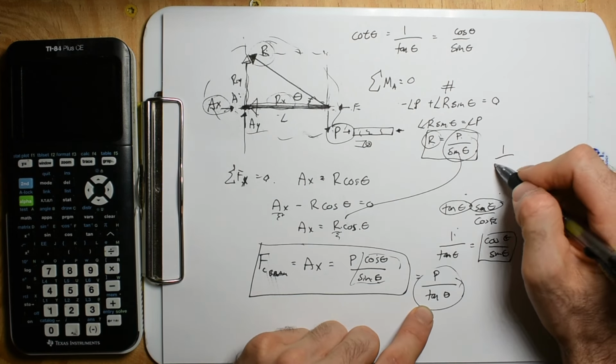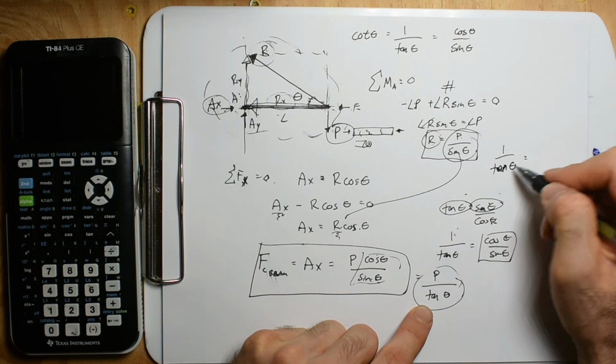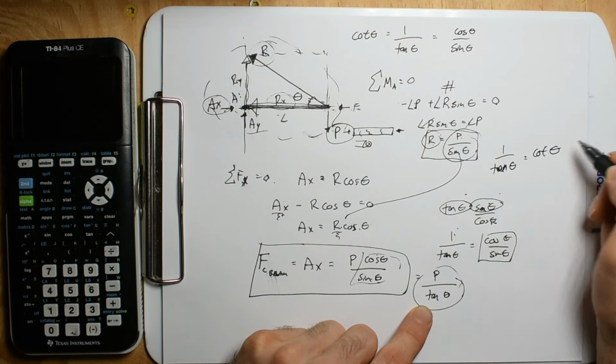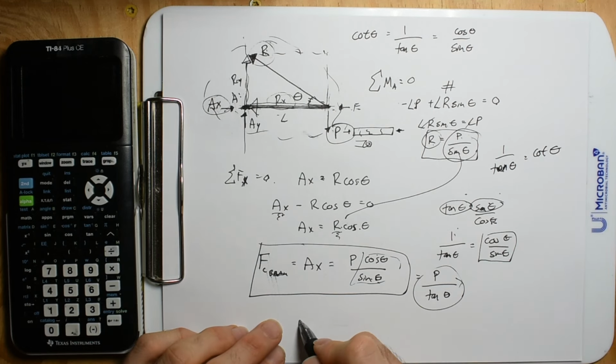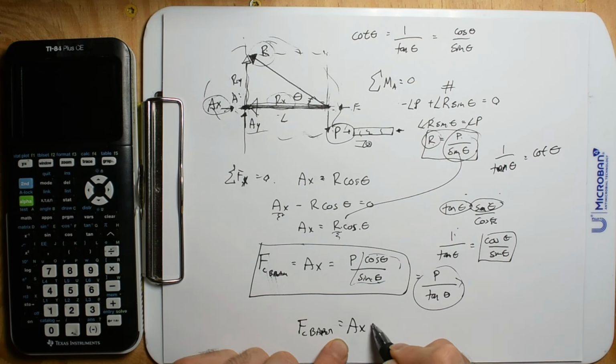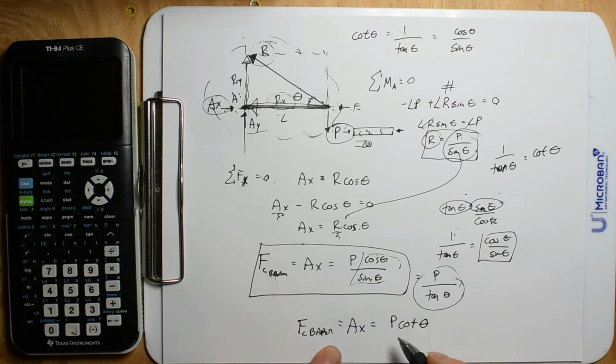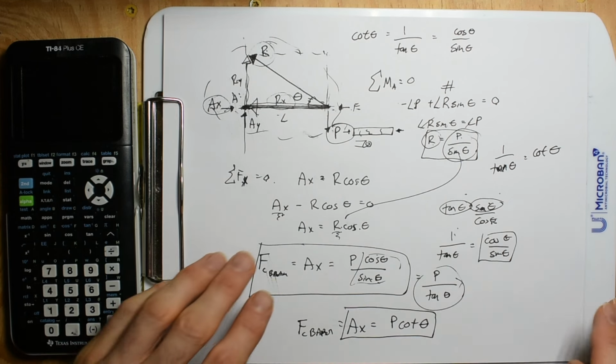But we also know that 1 divided by tangent theta is also cotangent theta. So we can say that the force in compression of the beam is that reaction AX, which is P cotangent theta. If you saw that in a textbook, I would just say, nah, thanks.